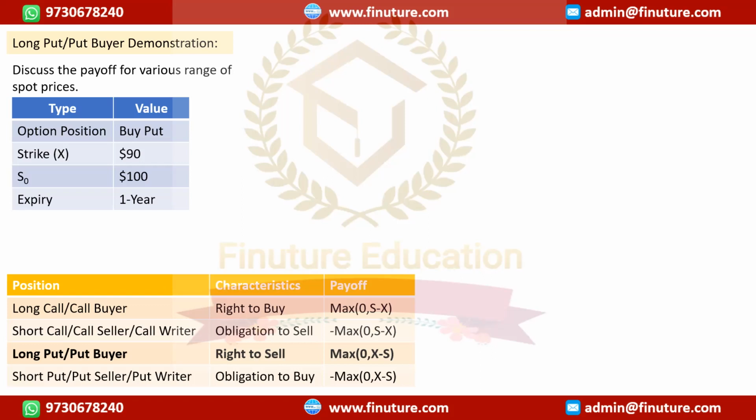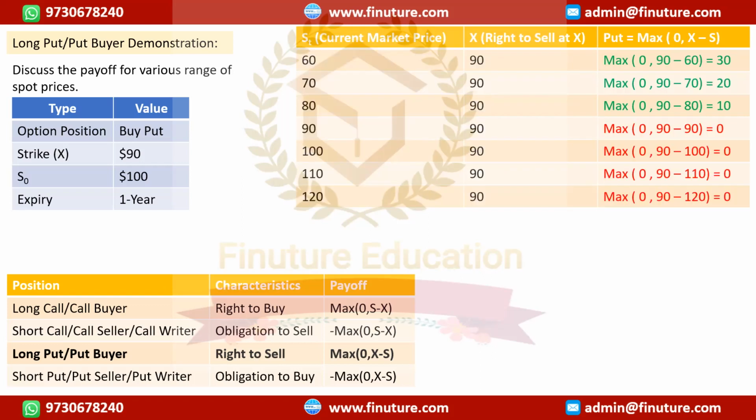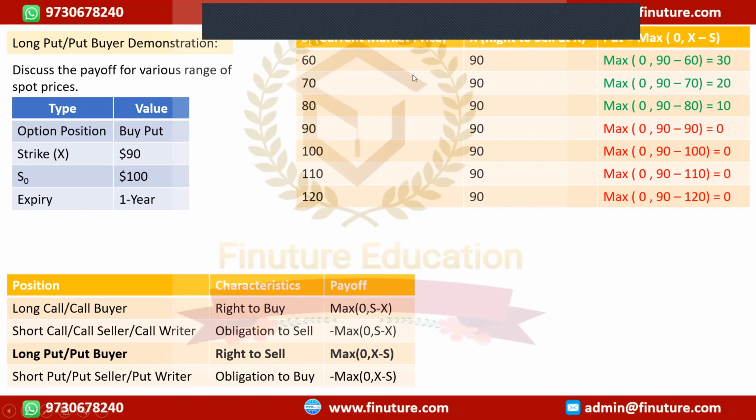That's why it's negative of S. And for a put option, if you can sell at 100 in the market, you would not like to sell your asset at 90 in the option contract. So when your asset price is greater than your strike price in the long put, say 100, one would like to sell in the market instead of exercising the option contract.